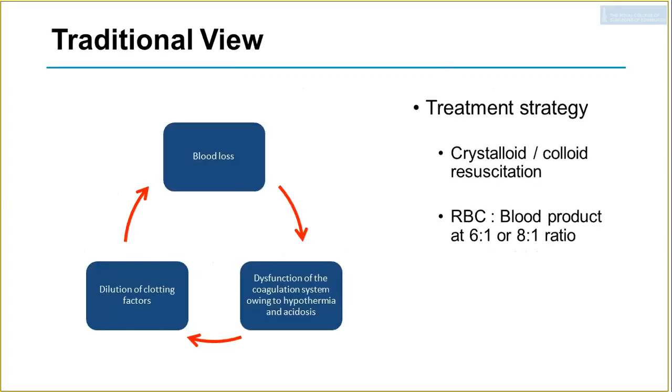Now, in the past, this is the kind of very traditional view, and this is still prevalent in areas where they're not dealing with major trauma, massive hemorrhage, where they will give crystalloid, then followed by some red cells, and every 6 or 8 bags of red cells, they'll give some clotting factors. This is a very old-fashioned view of things, and it does kill people.